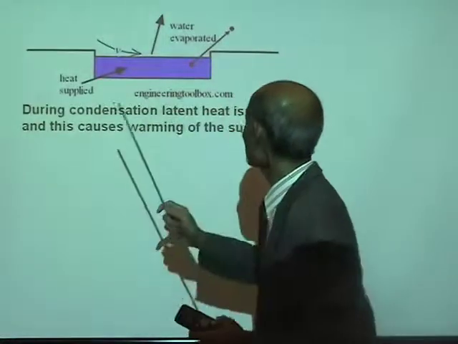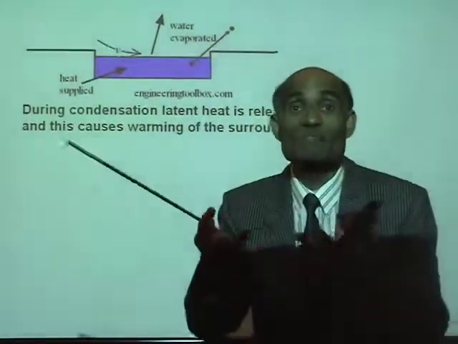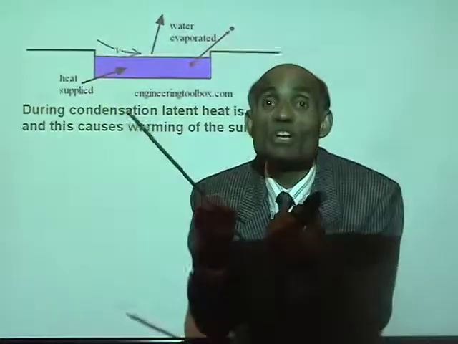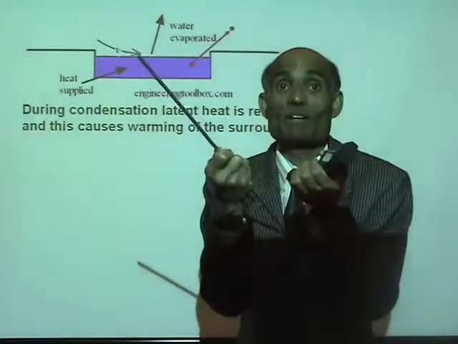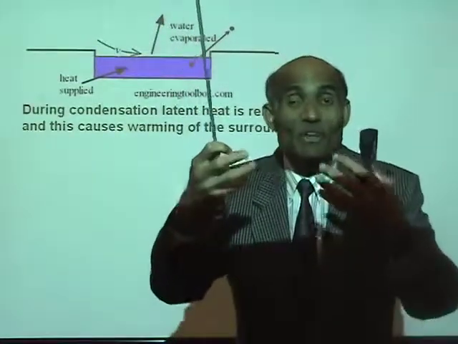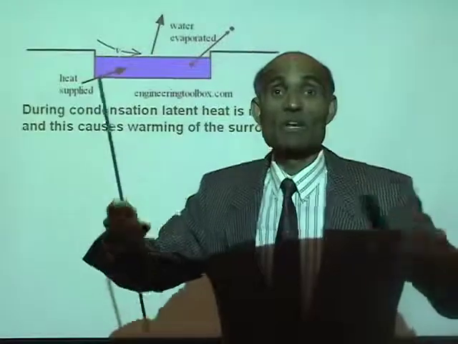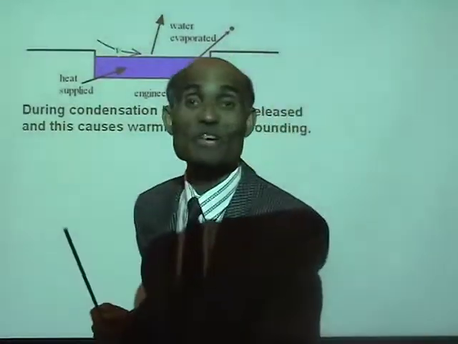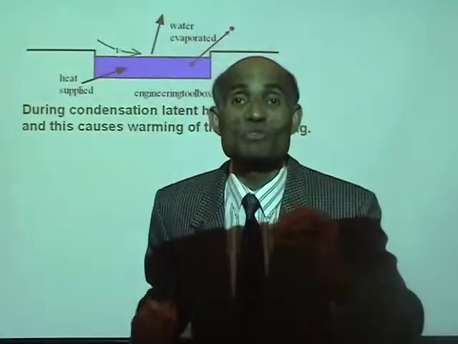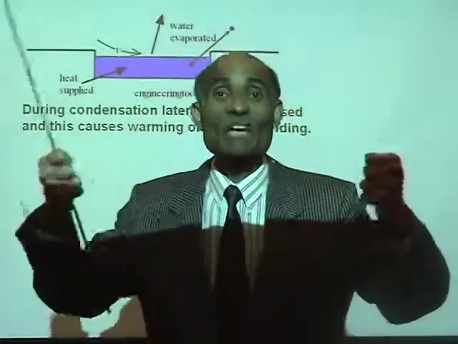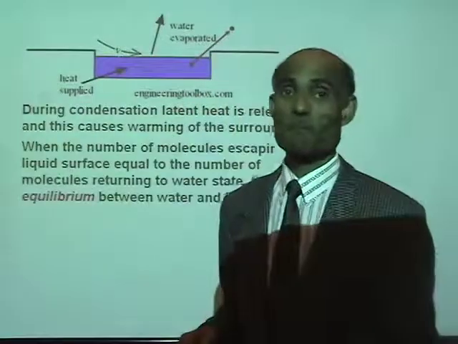During condensation, latent heat is released. During evaporation, latent heat is absorbed from the body. And during condensation, the extra heat is released, warming the surroundings. So condensation always produces warming of the surroundings because heat is released to the surroundings.